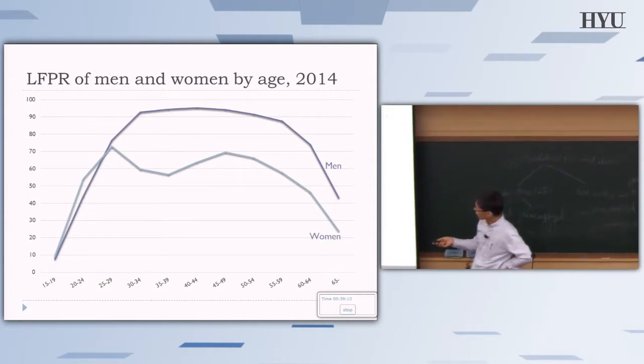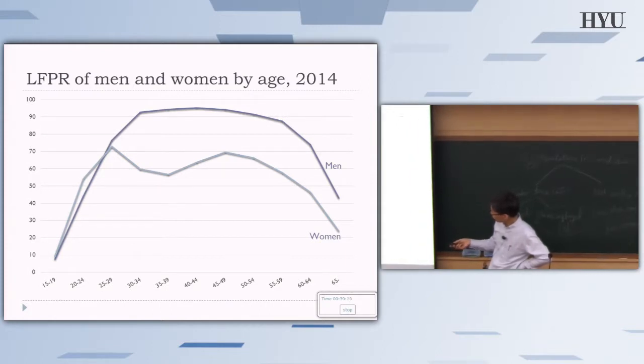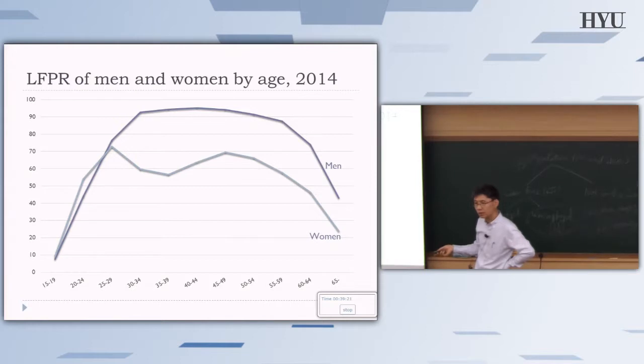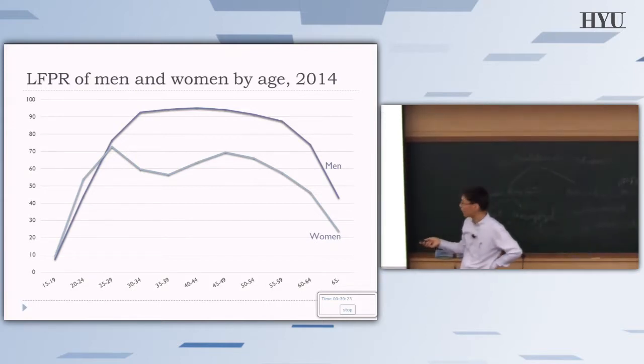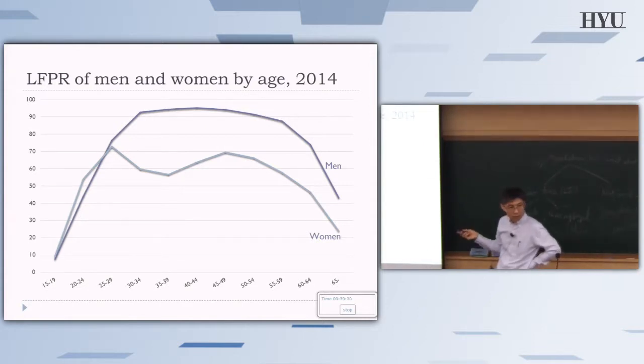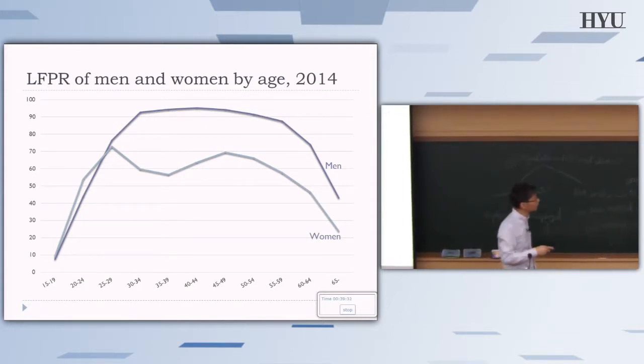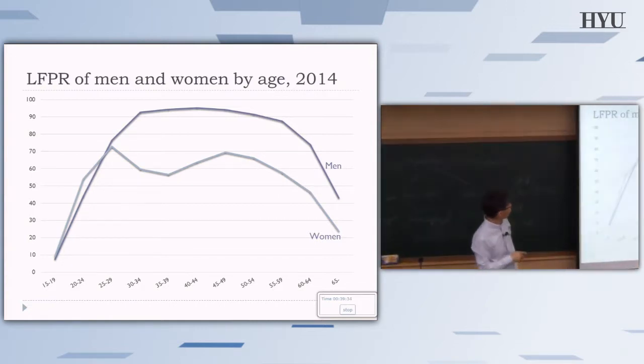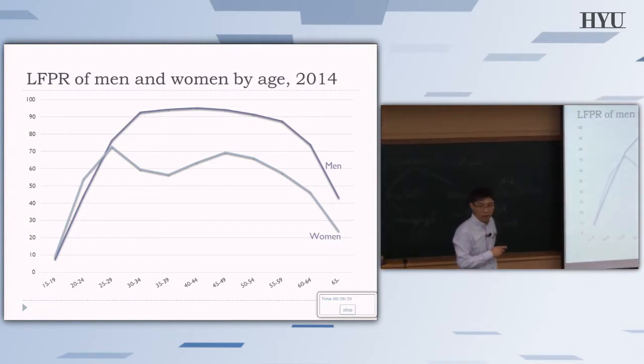Okay, and then it increases. Okay, at 22 to 24, it's about 50%. Okay, still pretty low. 25 to 29, it goes up to about 75%. Okay, and then at 30 to 34, we hit more than 90%.